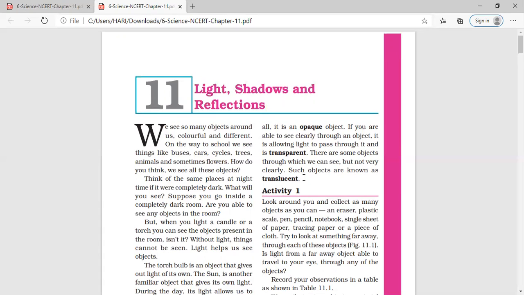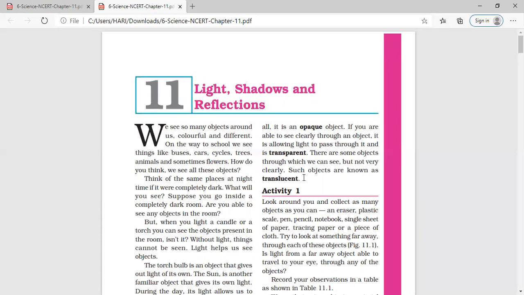Then the objects that allow the light to pass through them partially are called translucent objects. Examples: tracing paper, oil paper, muddy water, etc. Then the objects which do not allow the light to pass through them are called opaque objects, like cardboard, books, wood, hard plastic, etc.